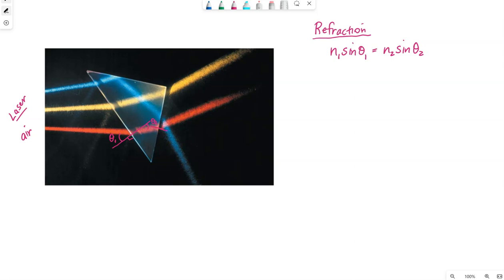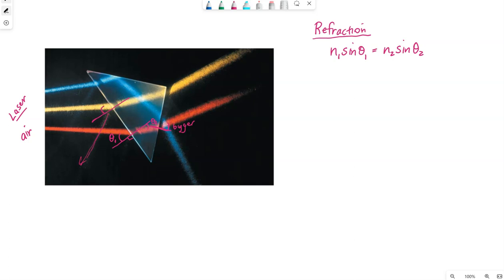Similarly, at this second surface for red, just the bottom light ray, the angle gets bigger as it comes back out into the air. So the angle relative to the normal gets bigger as the light comes back out. Similarly, for the yellow, if we draw a normal line, by the way, I can see a little bit of reflection here happening.